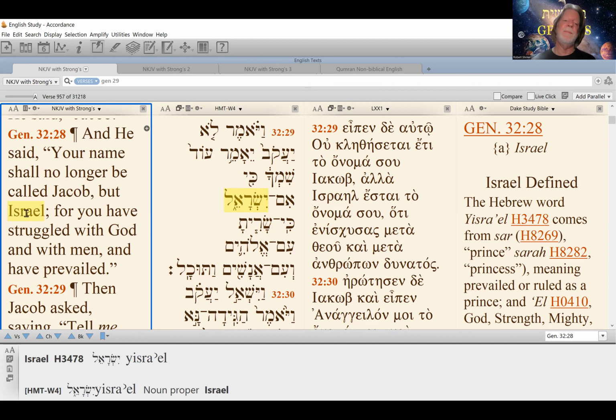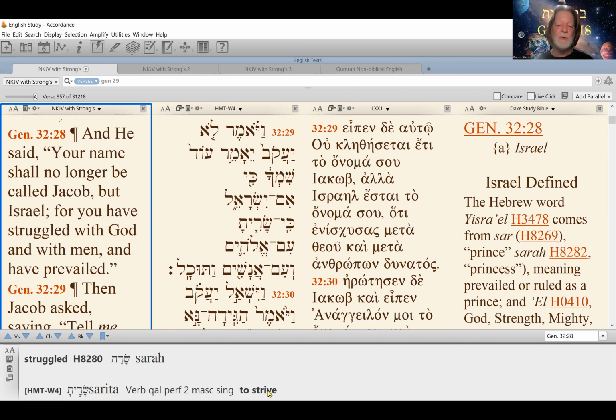And the man he's been wrestling with says, for you have struggled, sarit. And if we go down to the information window at the bottom of the page, it shows the root, and it's sin resh hey. So that's the root word of sarit. The hey at the end of the word goes away when you add the suffix.